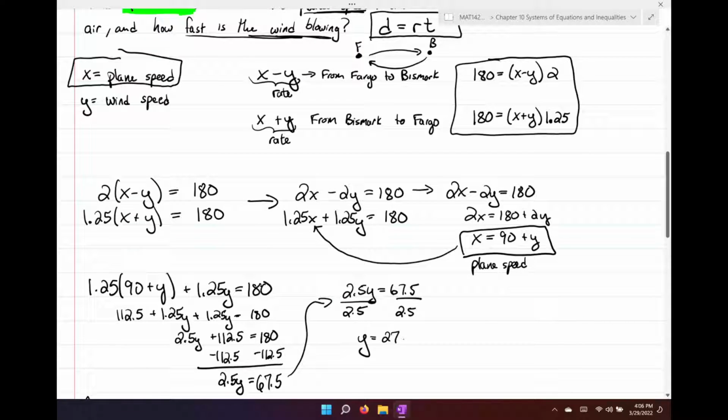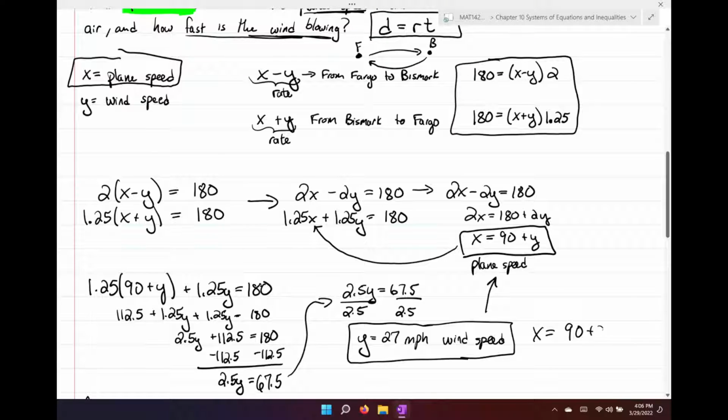So 27 miles per hour is the wind speed, which means our plane speed, which is directly above, is going to be x equals 90 plus y. So x equals 90 plus 27, which is going to be 117 miles per hour, and that's our plane speed.